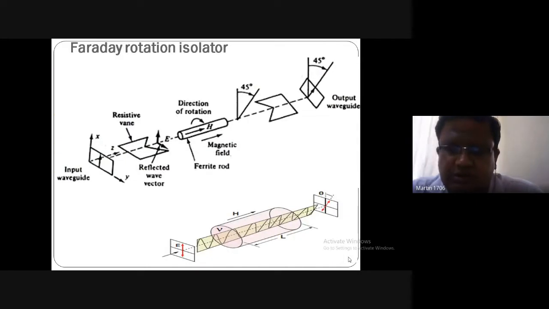Okay, so this is the construction diagram. Okay, so I have drawn the Faraday rotator. Okay, so a very good signal effect when it goes inside to the resistive vane. So you can see this is the opening of your waveguide. So near to it itself, the resistive vane should be there, along with the vernier caliper setup. Okay, the vernier caliper setup is available with your resistive vane.